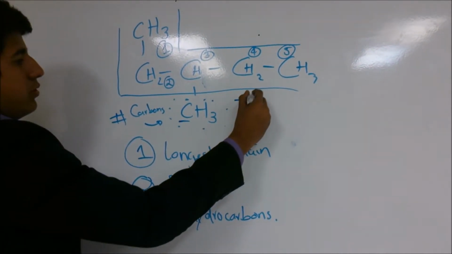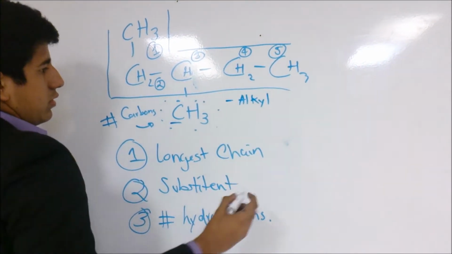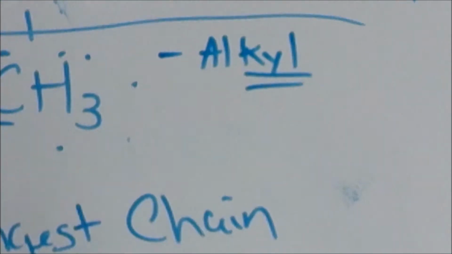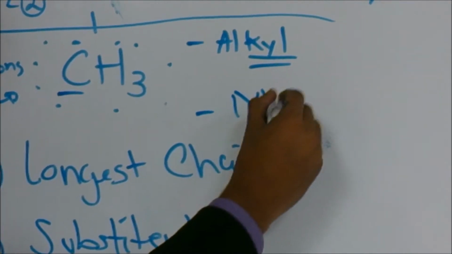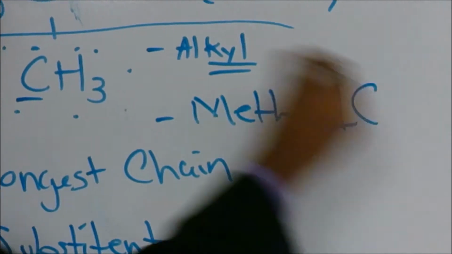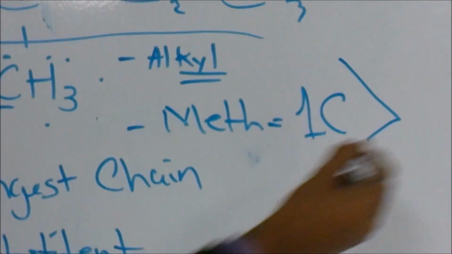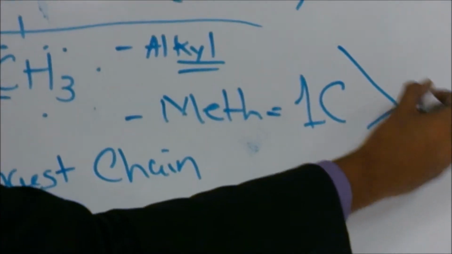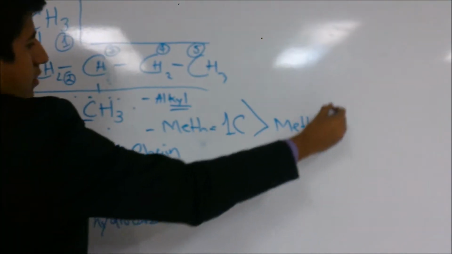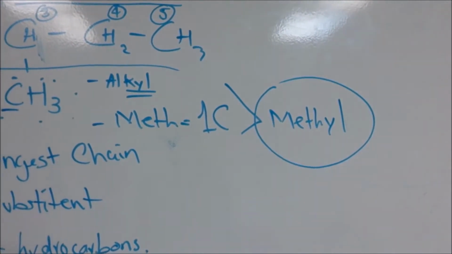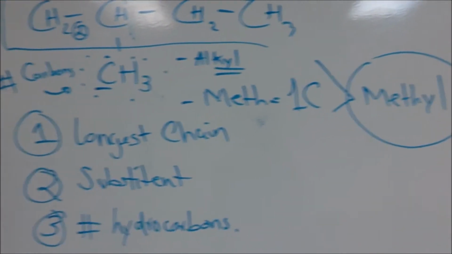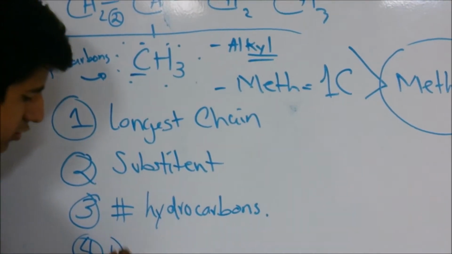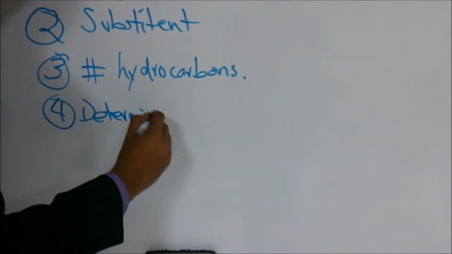Since it is an alkyl group, it ends with the -yl. And the amount of carbons tells us that it's a methane. Meth stands for one carbon. So we join these two, and we can add methyl as our final alkyl group. So our last step will be to determine the alkyl group.